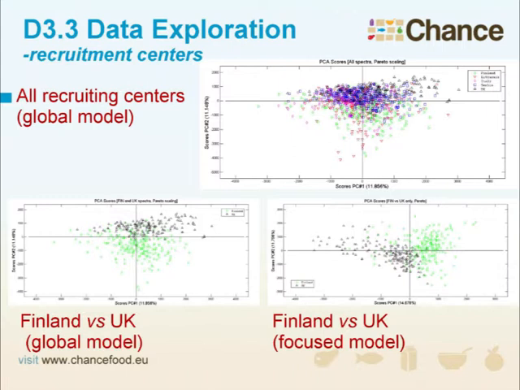This is primarily due to different ethnicities. In Finland, it's Finnish people, and in UK, it's actually Pakistani ethnicity. And they differ in their diet, and we think that it's normal that they are actually separated in this score plot.